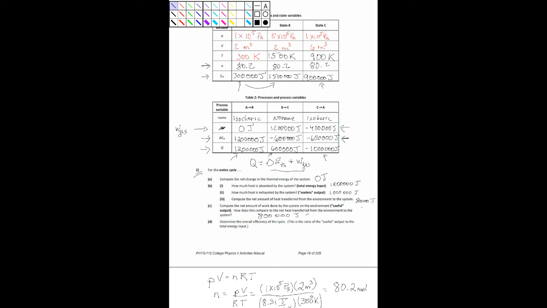And finally, part D, we want to determine the overall efficiency of the cycle. For this, we look at the heat added to the system, so the 1,800,000. So we have 1,800,000, and in the numerator we put the work done by the system. So that's the 800,000 joules, and what we get is a percentage.